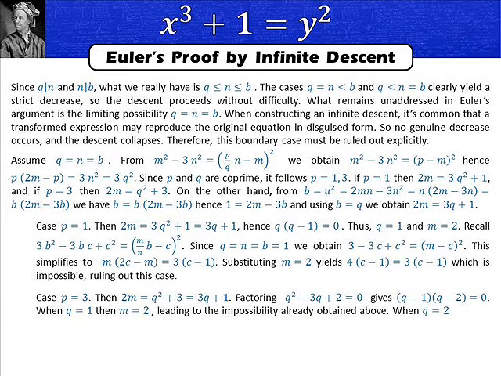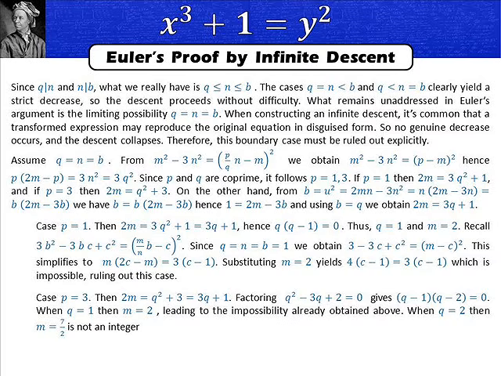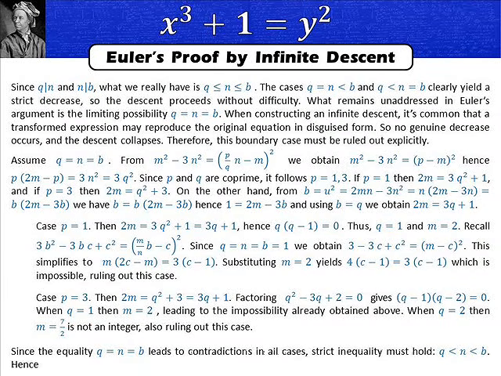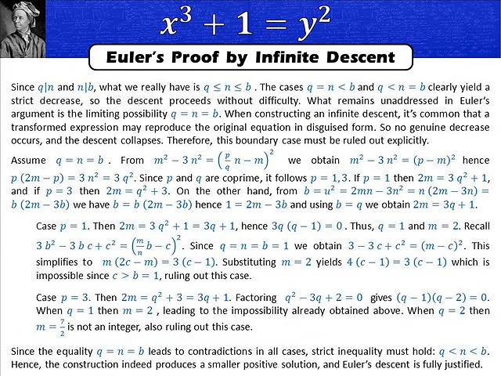When q equals 2, then m equals 7 over 2 is not an integer, also ruling out this case. Since the equality q equals n equals b leads to contradictions in all cases, strict inequality must hold: q is smaller than n, which is smaller than b. Hence, the construction indeed produces a smaller positive solution, and Euler's descent is fully justified.